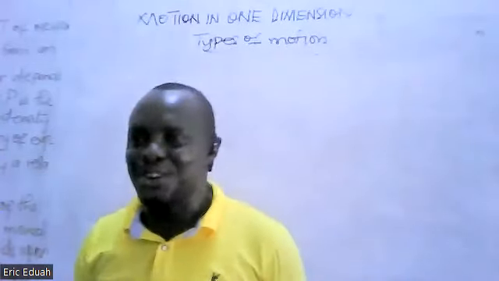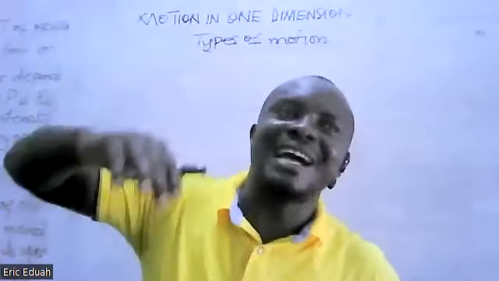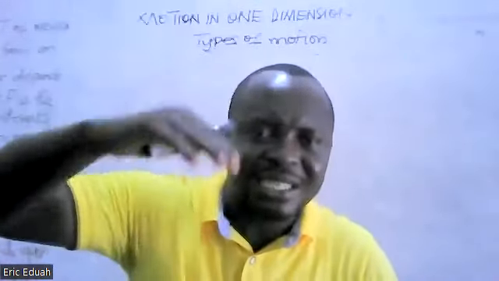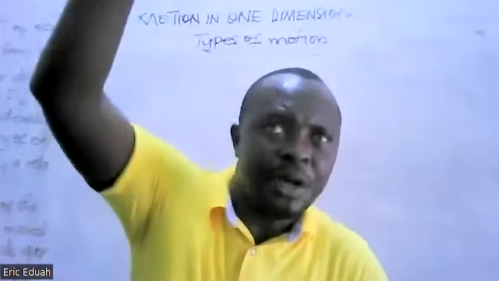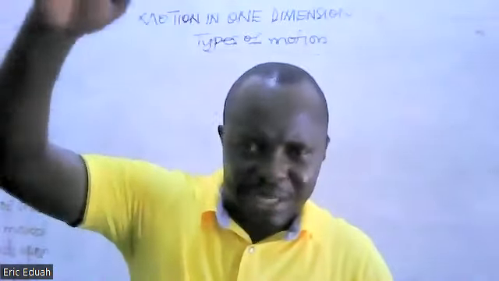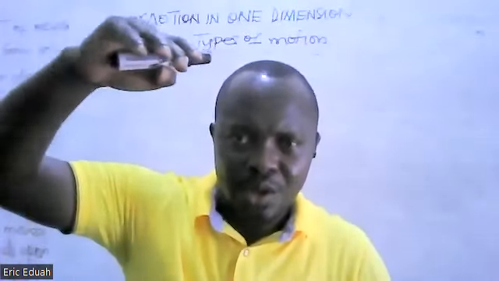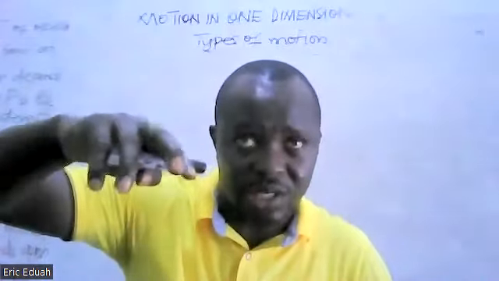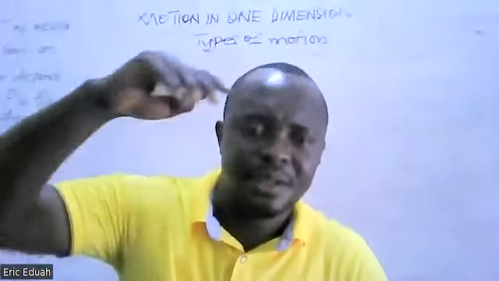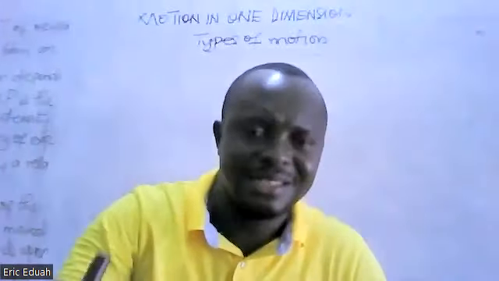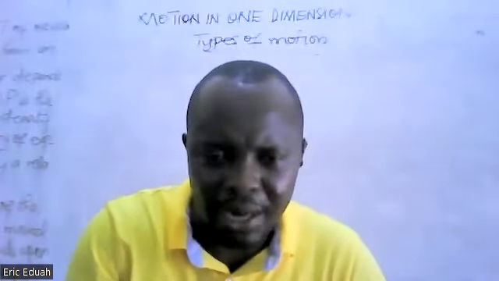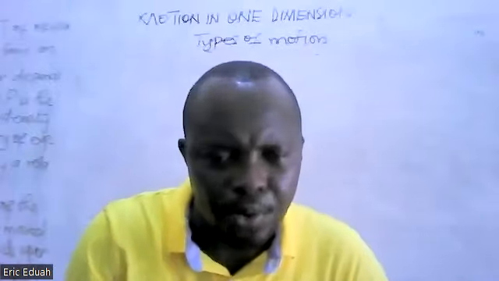So when the body attains a maximum speed and decreases it gradually, let's assume 10 meters per second, the velocity reduces from 10, 9, 8, 7, 6, to when the body comes to a stop or comes to rest.